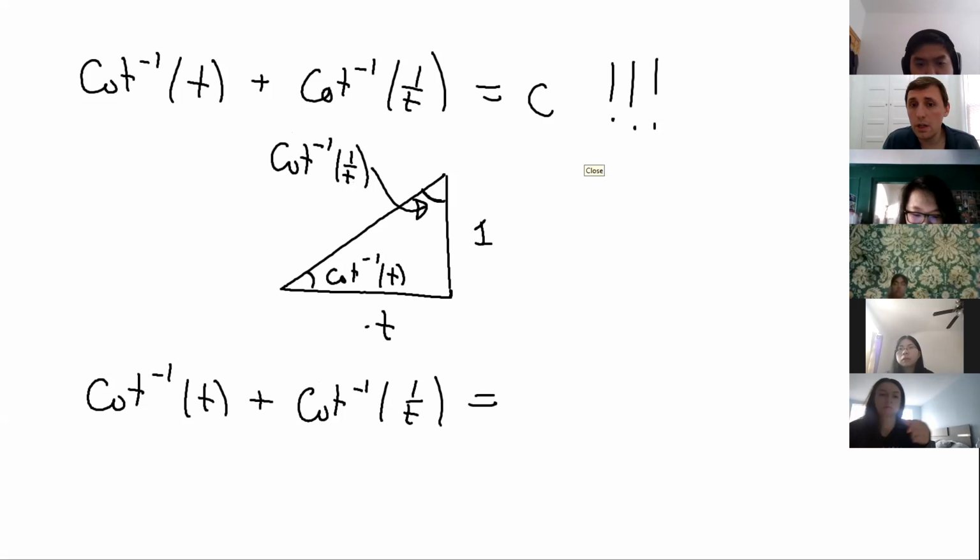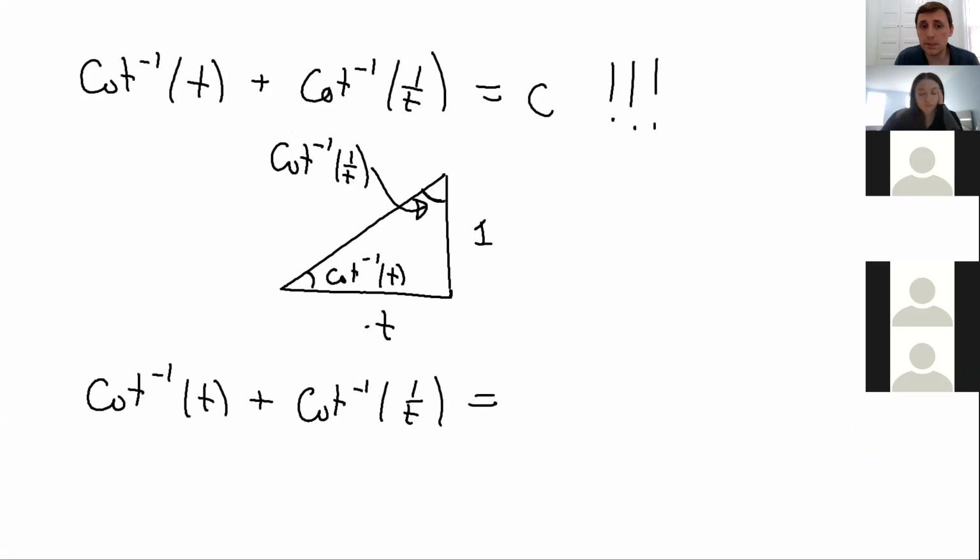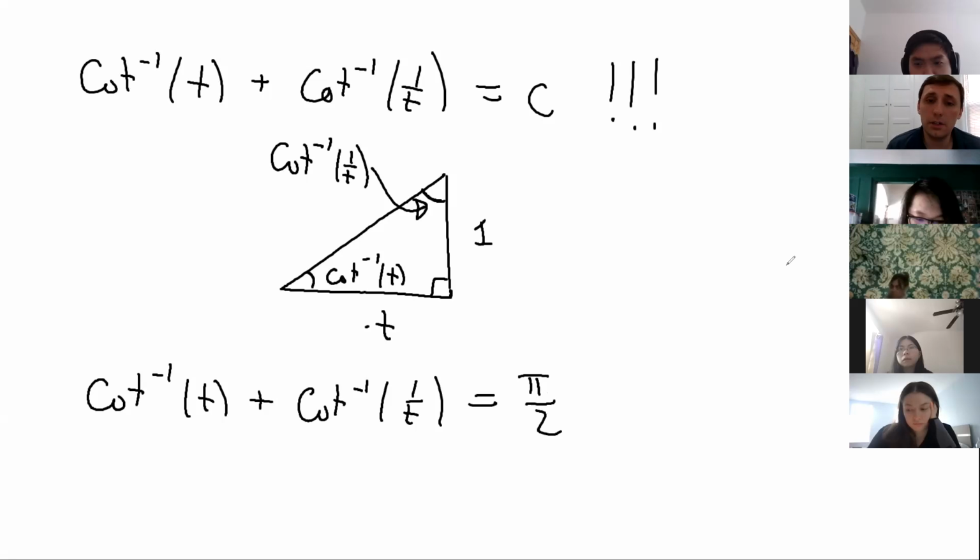Pi over 2, because this angle plus this angle adds up to pi over 2. So in fact, if I had realized that identity right away, there would be no point in taking the derivative. The derivative was obviously 0. Do you follow? Yeah, you should follow.